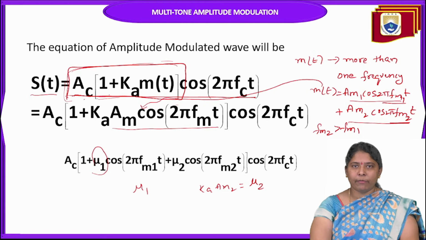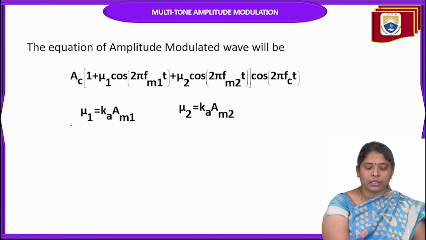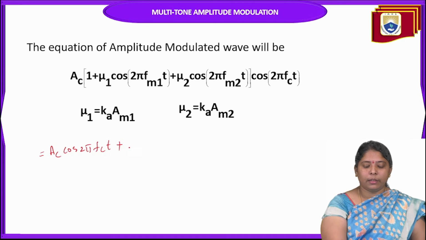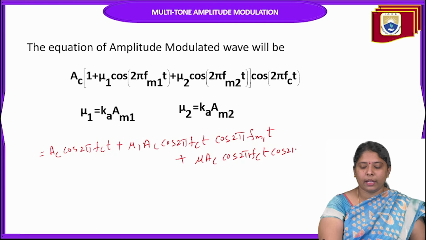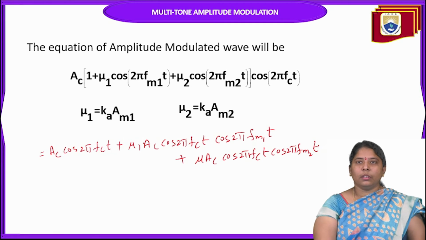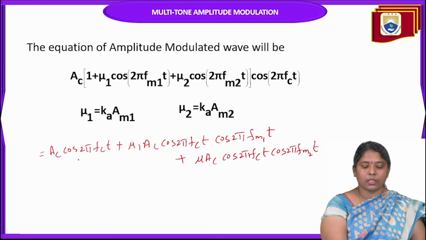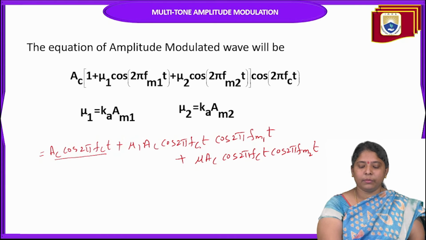Now the equation of the AM wave reduces to: the first term is, as usual, the carrier term Ac cos 2π fc t, plus the second term mu1 Ac cos 2π fc t multiplied with cos 2π fm1 t, and the third term mu2 Ac cos 2π fc t multiplied with cos 2π fm2 t.